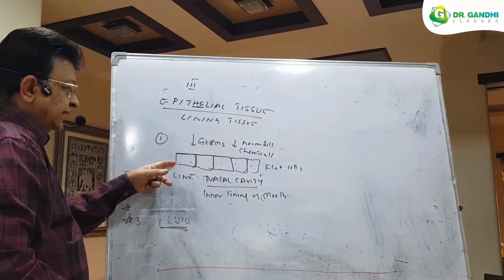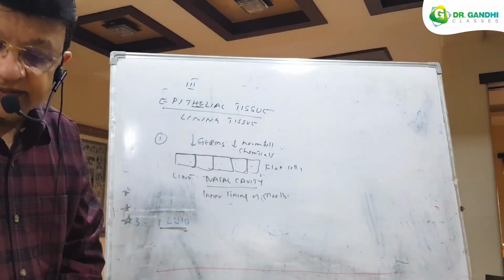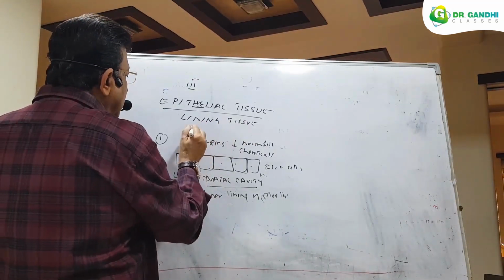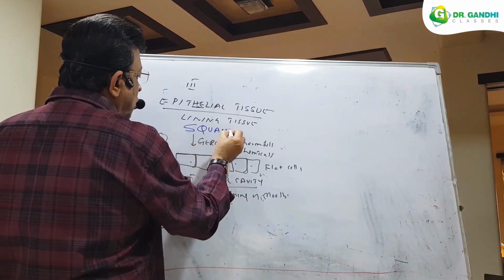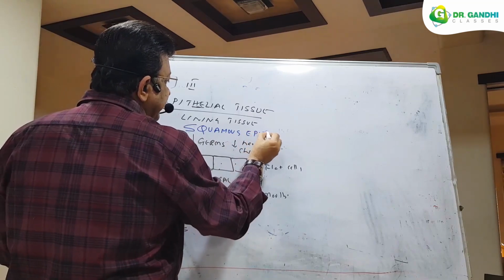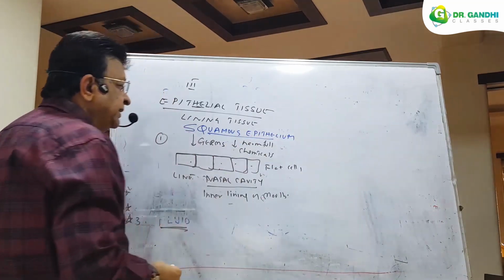You can see they are laid one next to each other like a mason laying a pavement. From the word squama, meaning pavement, the first one is called squamous epithelium.